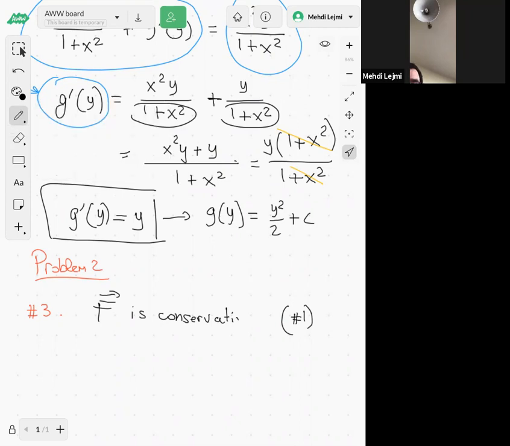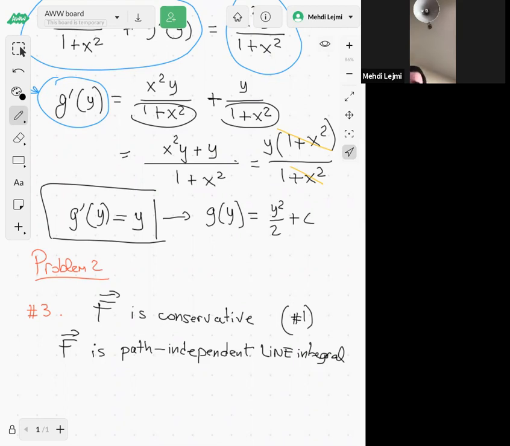When a vector field is conservative, it means that the line integral is path independent. And if it's a path independent line integral, it means that it depends only on the value of the potential function at the initial and the terminal point.